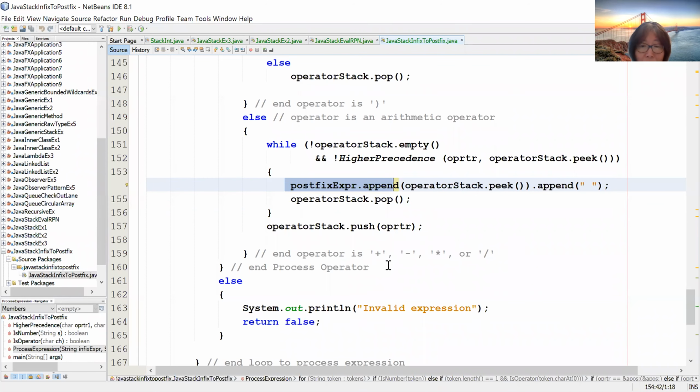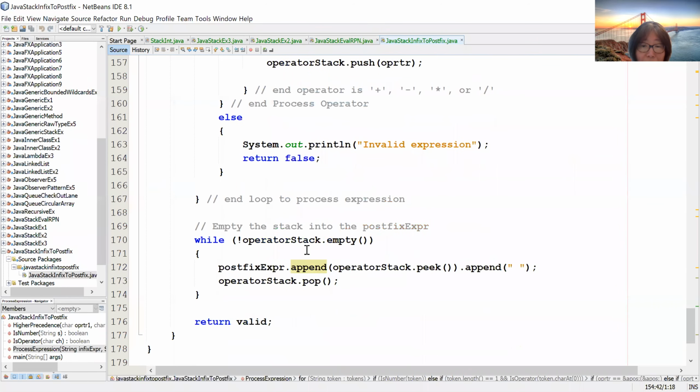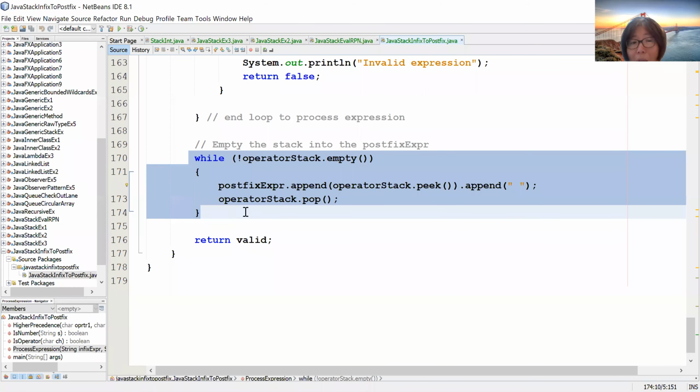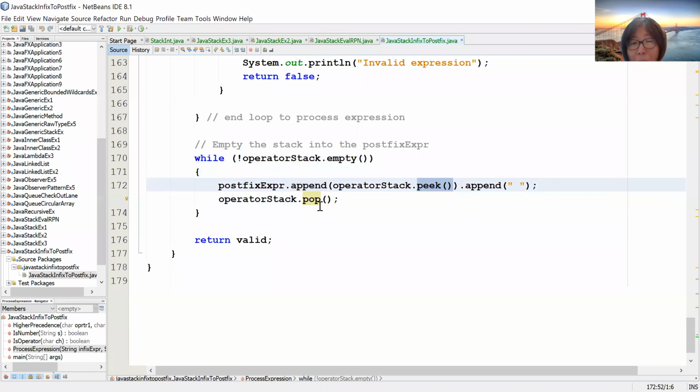And after everything, you just keep popping off the remaining items and append them to the postfix. So here, once again, you see we use the while not empty loop plus the peek and the pop operations with the application.